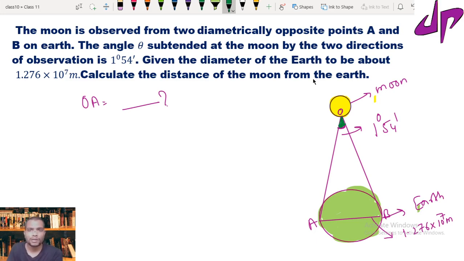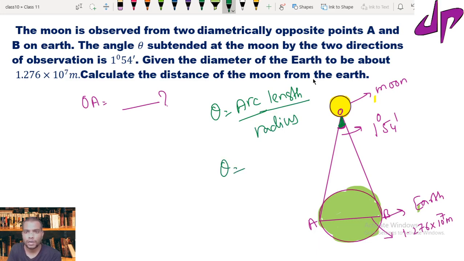We can find it by using theta equal to arc length upon radius. So here theta, arc length equal to AB, and the radius equal to OA. So I can find OA equal to AB upon theta.